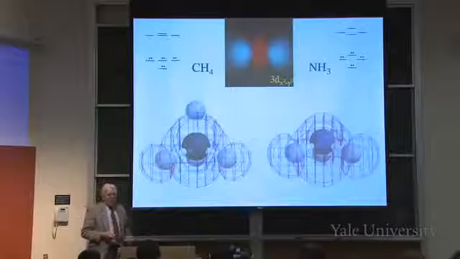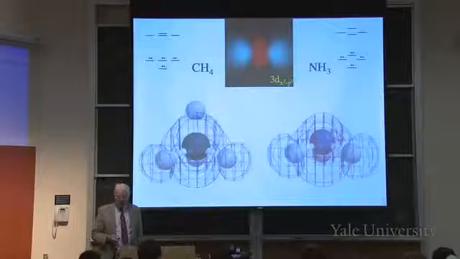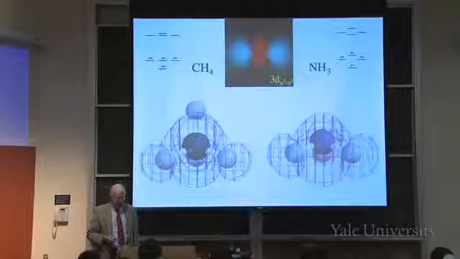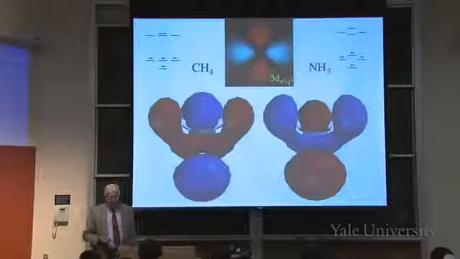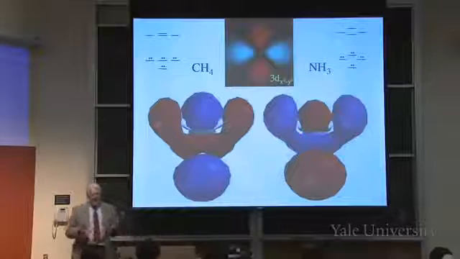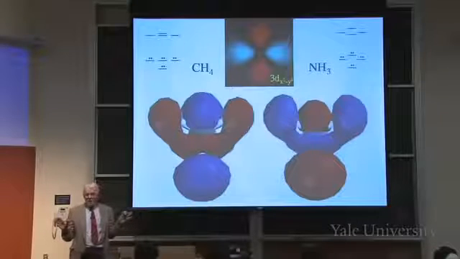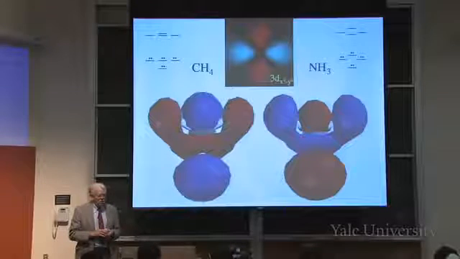Okay, then there's this orbital, which is the 3d x squared minus y squared, looked at from a funny angle where it's not very clear what it is. But if we rotate all these by 90 degrees, you can see that it's like that cross, or whatever you call it, of the 3d x squared minus y squared. But why doesn't it look just like that? Why are they distorted?